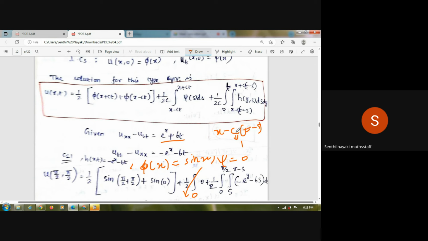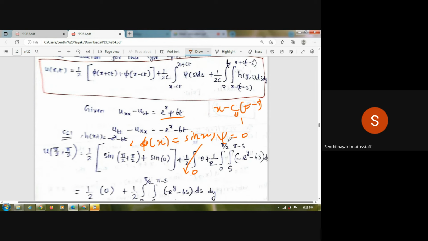So x minus c(t−s) becomes π/2 − (π/2 − s). Then π/2 minus π/2, minus of minus is plus, so π/2 gets cancelled, and therefore the lower limit becomes s. Similarly, in the upper limit, π/2 plus (π/2 − s). So π/2 plus π/2 becomes π, minus s. So the upper limit becomes π − s.